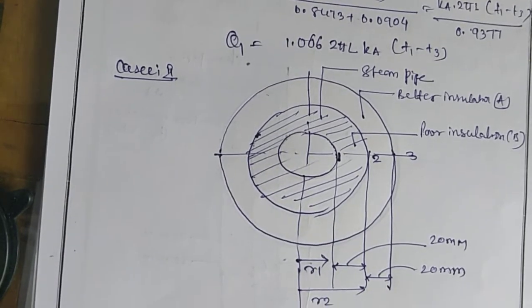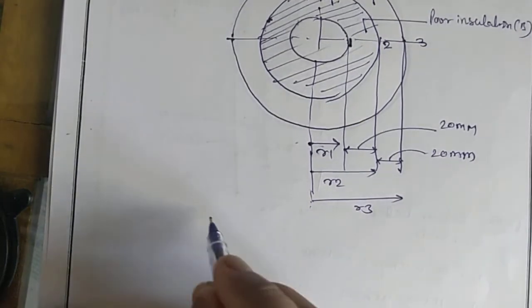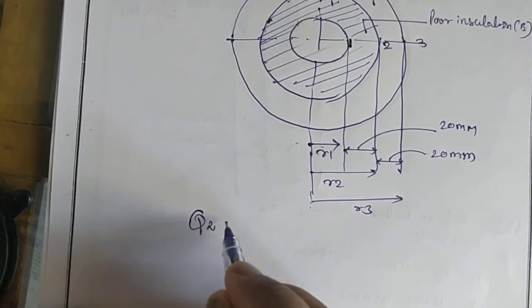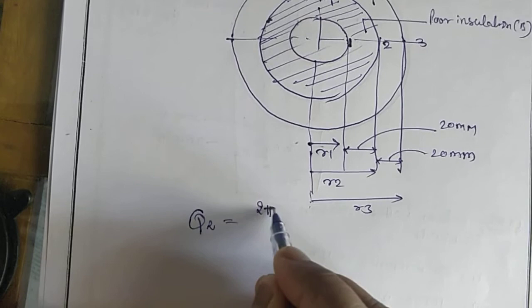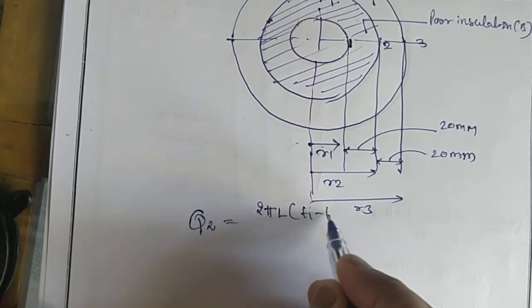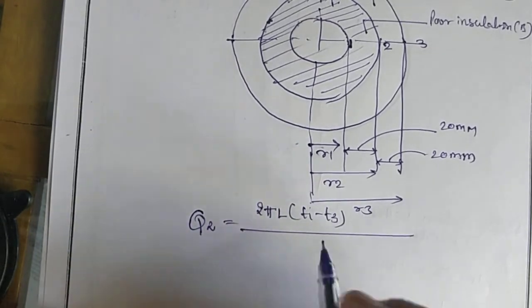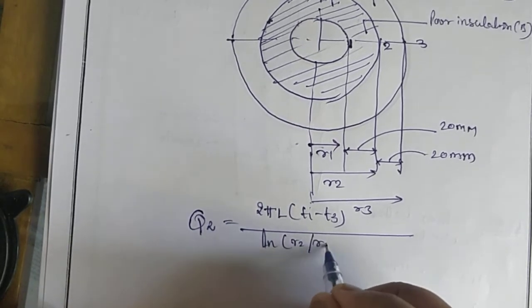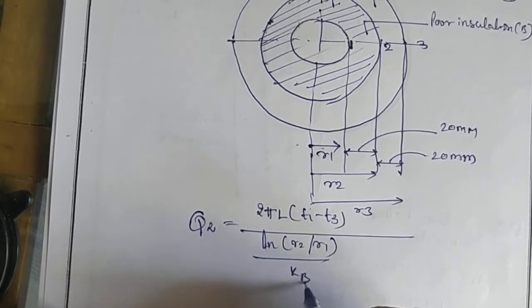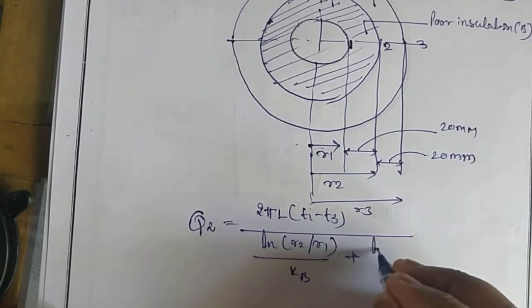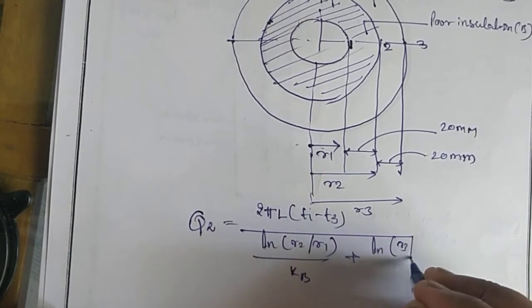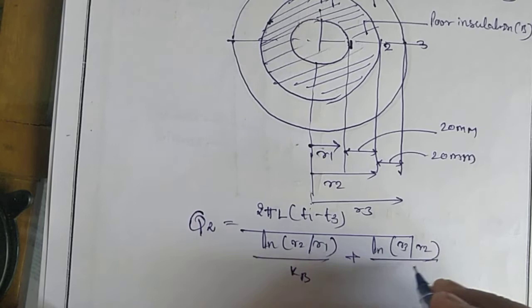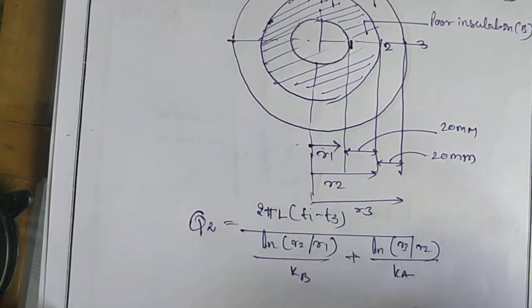Then Q2 is equal to 2 pi L (T1 minus T3) divided by [ln R2 by R1 divided by Kb, plus ln R3 by R2 divided by Ka].